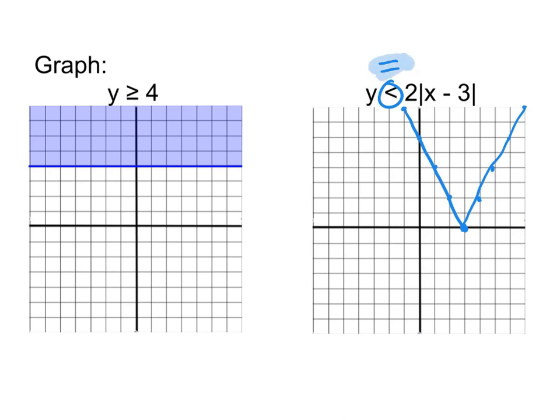But notice in this problem, we don't want to know where they're equal. We want to know where it's less than, but not equal. So notice our first one, it had an or equals to on it. This one doesn't. So how do we show that there's this border here, this line, but it does not actually include the points that our graph does?